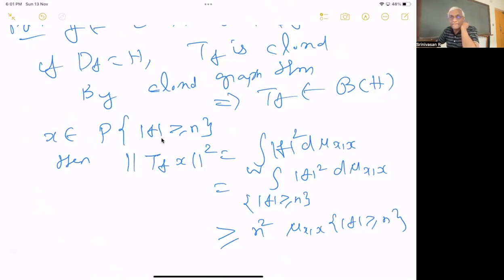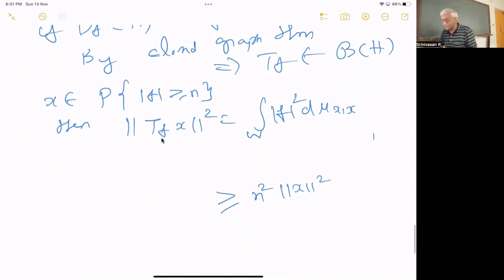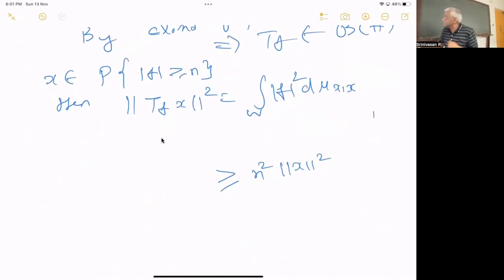You can directly go from that one to the last. I mean, mu_xx is concentrated on that set, and its total measure is norm x squared, so that is equal to this. Okay, so this is okay.